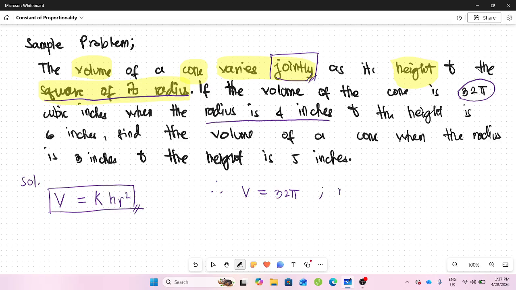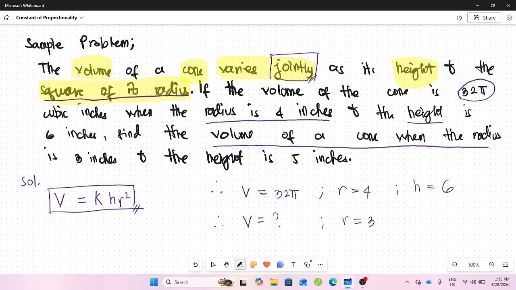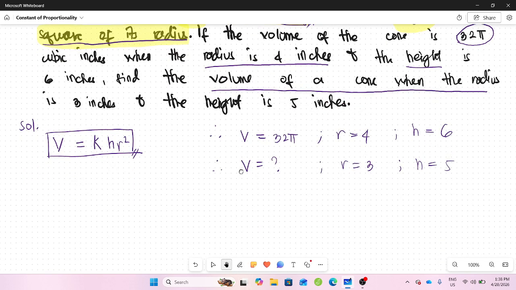So the radius should be 4 and the height h must be 6. Now we were asked here to find the volume of a cone if the radius is 3 and the height is 5. Okay, so that's it.